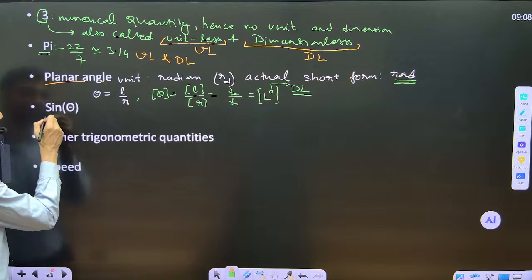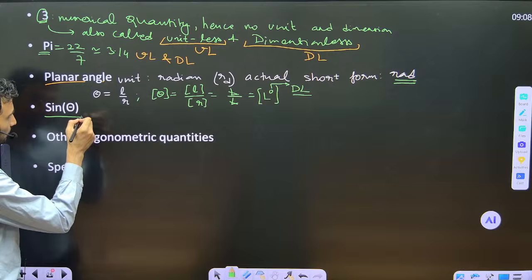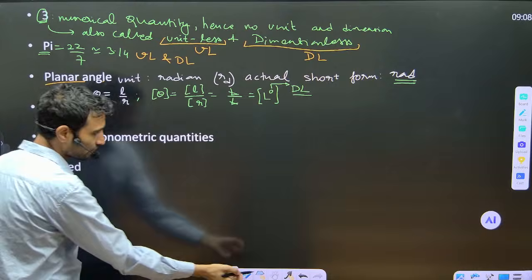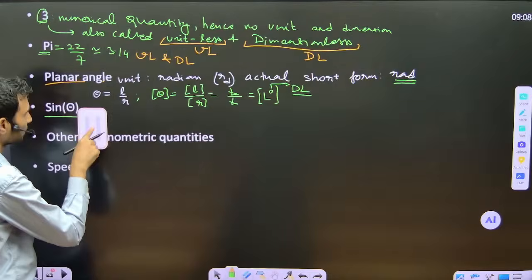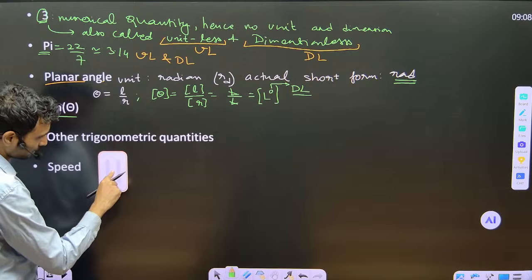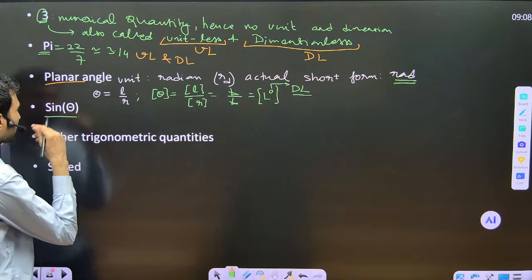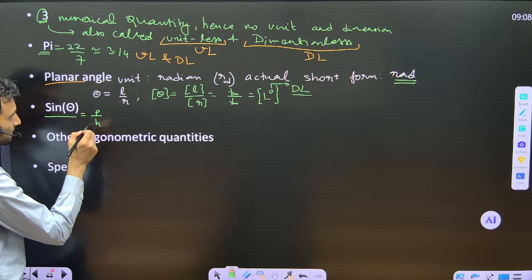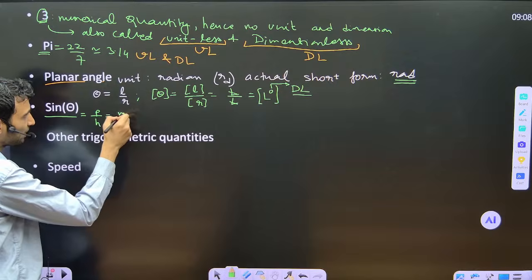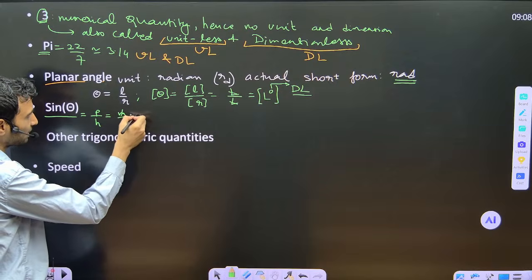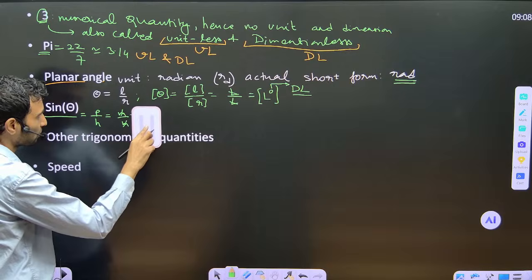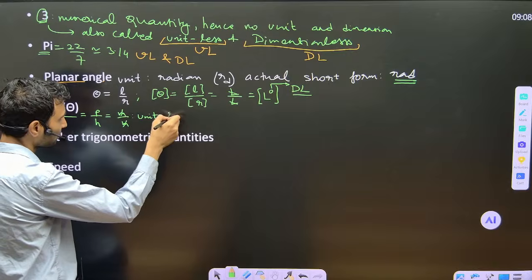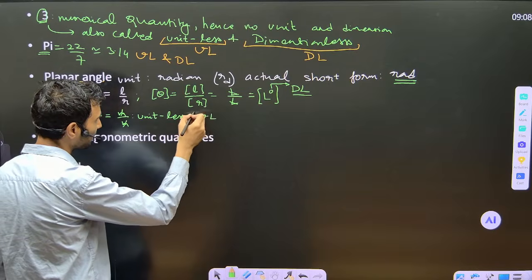What about sine theta? Sine theta unit is what? See, sine theta basically is what? If you see the definition, sine theta is perpendicular upon hypotenuse, right? So no units, because perpendicular means meter, hypotenuse means meter, meter gets cancelled, and this is unitless, which I write as UL.